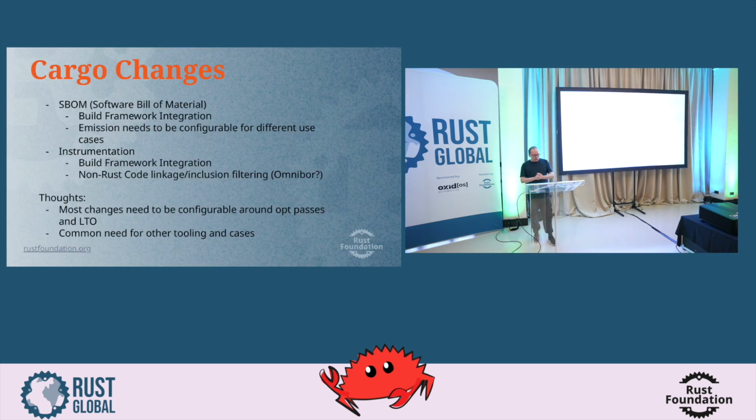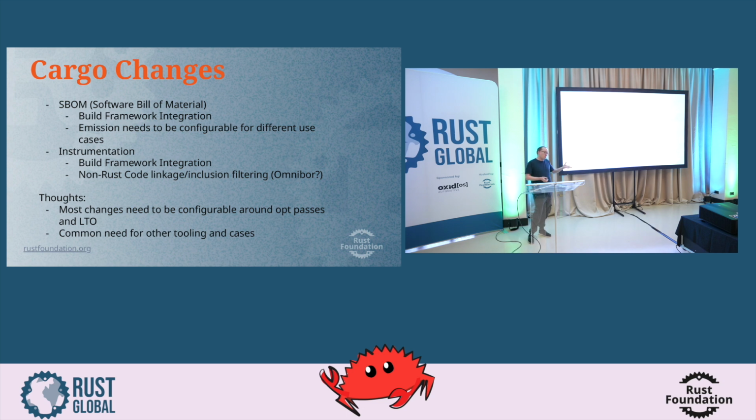And finally, looking through all of this, there are going to be changes that we're going to want to make within Cargo specifically. There are a few initiatives that are already happening within the Cargo team and the compiler teams, such as emitting SBOMs, but emitting useful SBOMs. If you're not familiar with the problem everyone's running into right now, SBOMs will just tell you everything in the kitchen sink that currently exists in your code base, but it's emitted for everything.